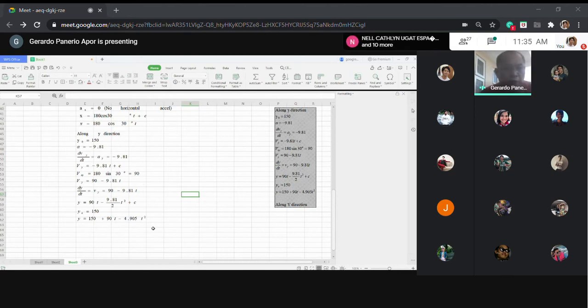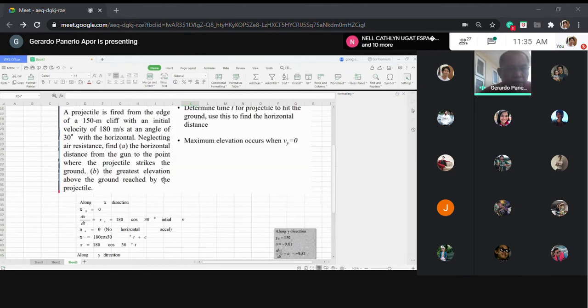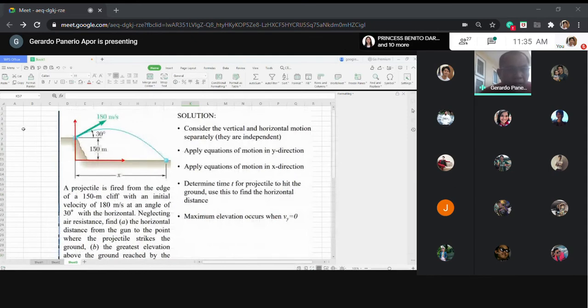So if I will graph the time, first I will list the time in seconds, and then I have the y in meters.